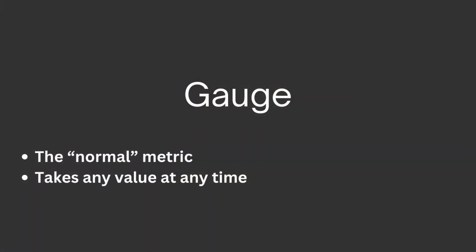And a gauge is very simply a metric that can do whatever. Go up, go down, go to zero, jump around. It's exactly what you will logically think of as a metric, and that's why I'm focusing on it in this video, because it's the easiest to understand. Okay, enough talking. Let's jump into the code.